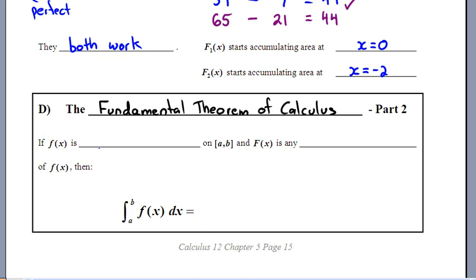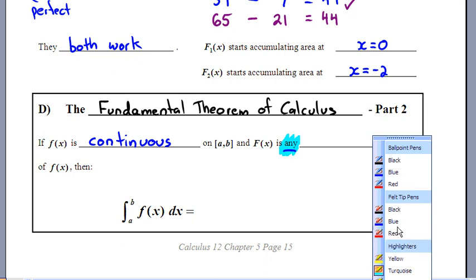It says if f is continuous, so it has to be a nice connected function on some closed interval, and if capital F is any antiderivative, can't go wrong, just find any antiderivative.